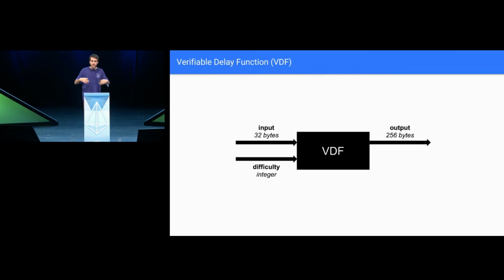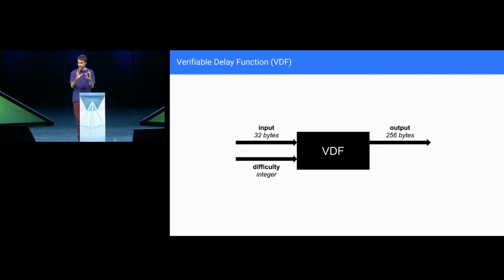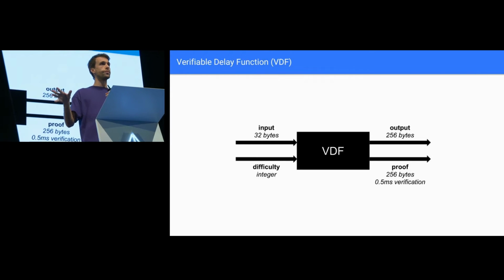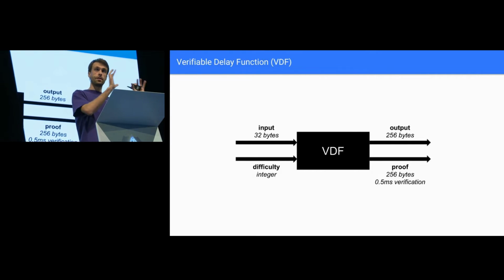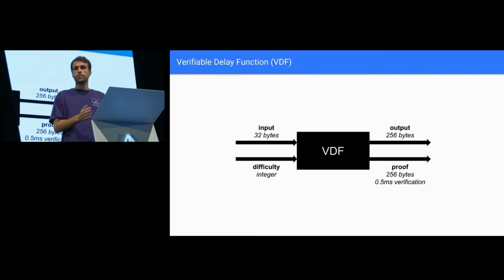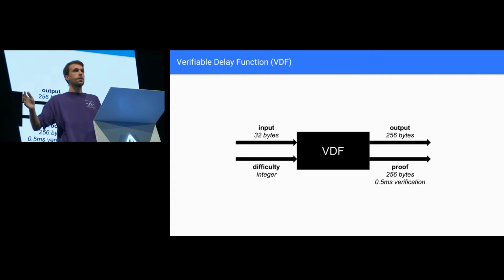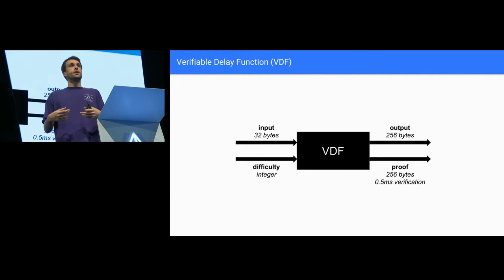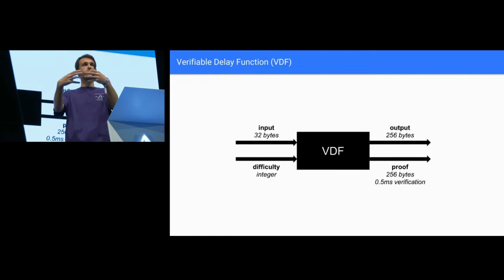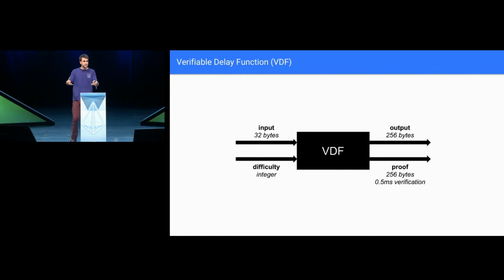So we're talking about inherently sequential computation, which takes time. And this is where the delay part of VDF comes in. And then we have a second output, which is the proof. And this is where the verifiable part comes in. Basically, once you've done the computation and you have the output, you can also produce a proof and give the proof to others and convince them that the output corresponds to the input immediately without having to do all this sequential work.